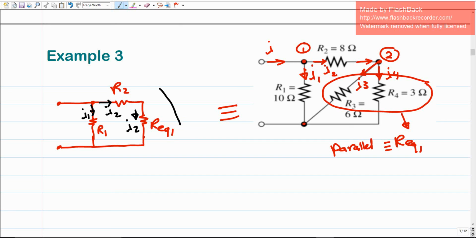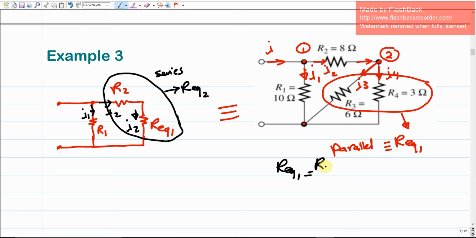So what does it mean? It means that these two are going to be in series, so I'm going to combine them into another R equivalent, which is going to be R equivalent 2. But R equivalent 2 is just series. So if I ask you how much is R equivalent 1, if we just decided to do the calculation, R3 and R4 are parallel, so it should be their multiplication divided by their sum.